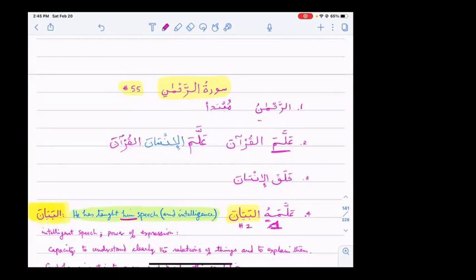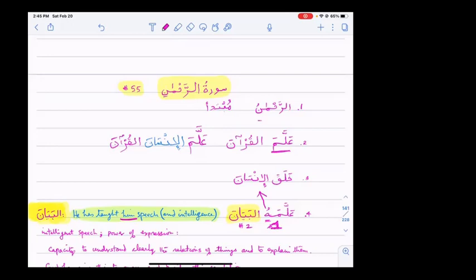So allamahu: he, Allah subhanahu wa ta'ala, the fa'il, taught the insan, and al-bayana is what he taught. What is bayana? He taught the insan something which is called bayana.